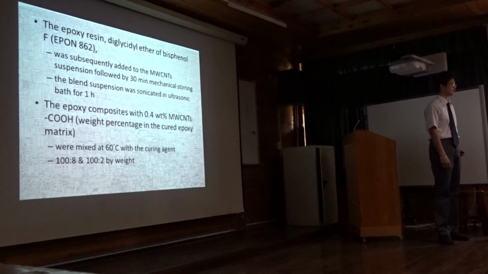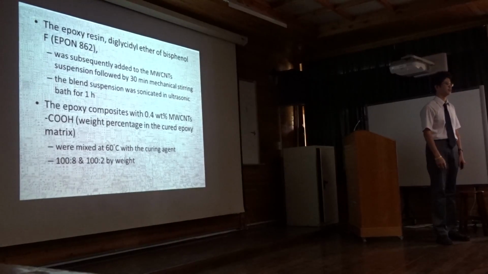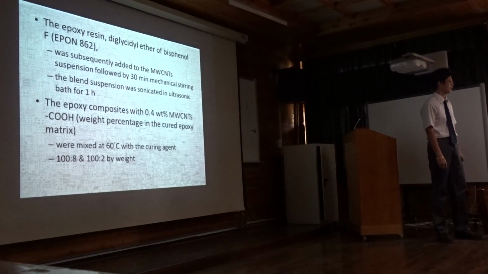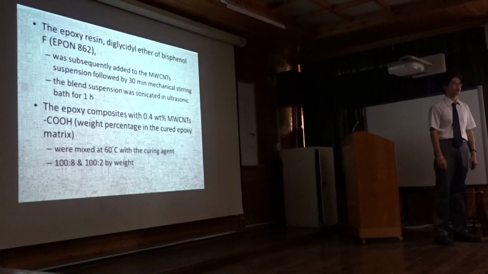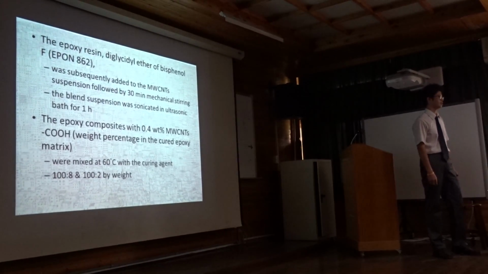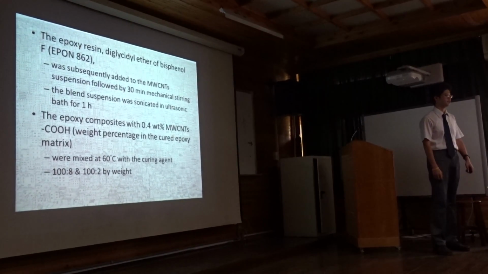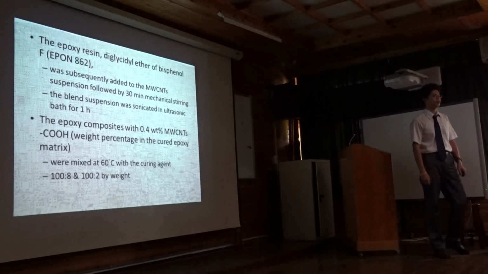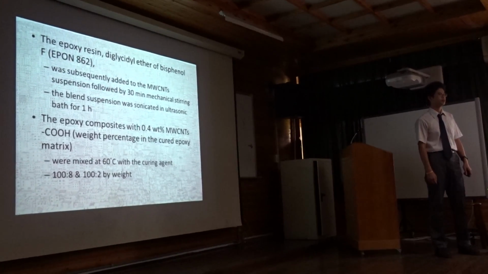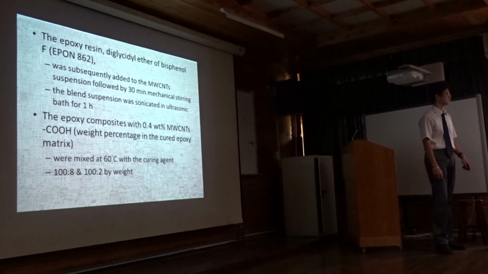And then the blend suspension was sonicated in an ultrasonic bath for 1 hour. The epoxy composite with 0.48% functionalized multi-wall carbon nanotubes was mixed at 60 degrees with the curing agent in the ratio of 1:8 and 1:2 by weight respectively.